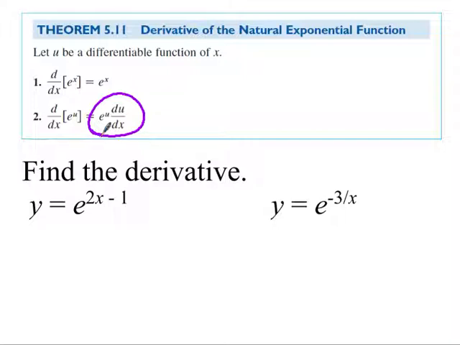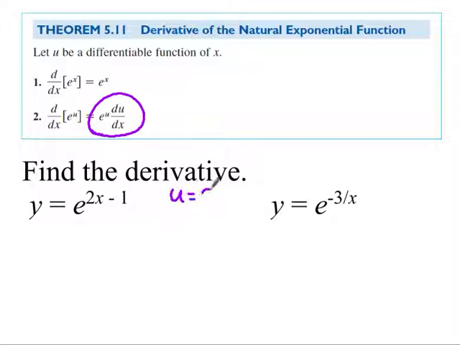So find the derivative. That's the very first one we're going to look at. y equals e to the 2x minus 1. So what would u be in that problem? 2x minus 1.